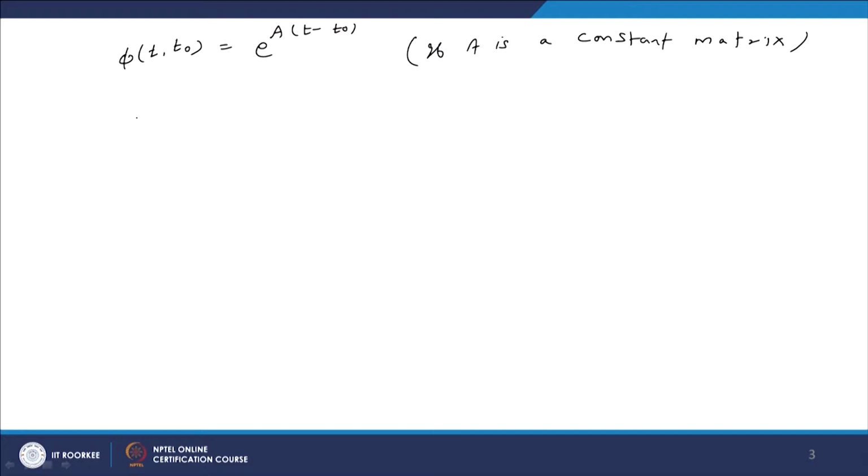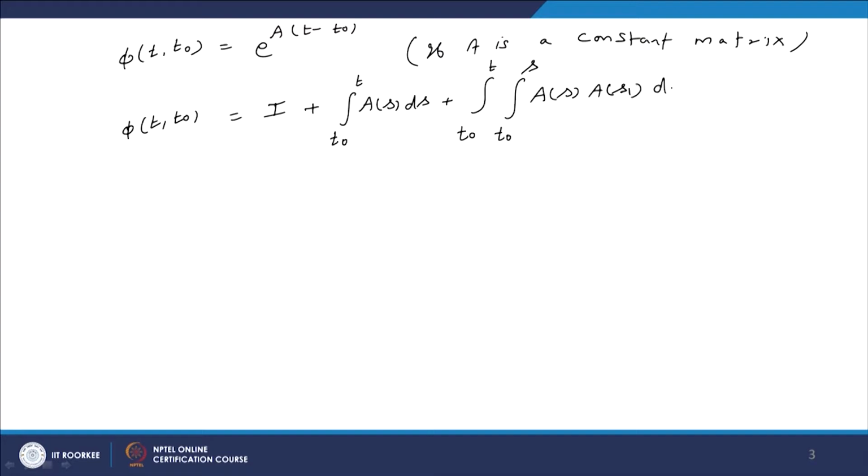So, this is known, and in case it is time varying, if A is a function of t, then the state transition matrix phi t t0 is written as the identity plus the integral t0 to t of A s ds plus the integral t0 to t, t0 to s of A s A s1 ds1 ds plus etc. So, it is an infinite series we will have.